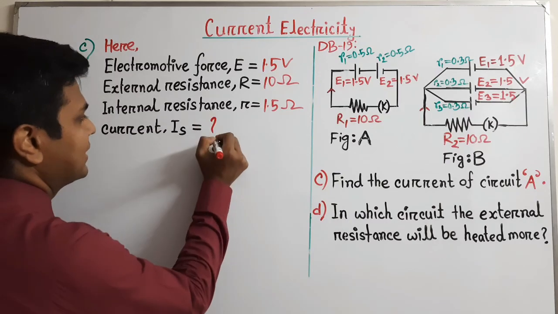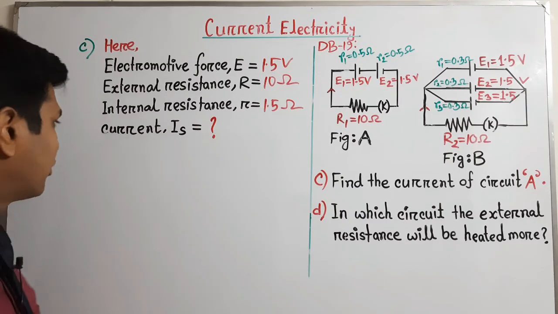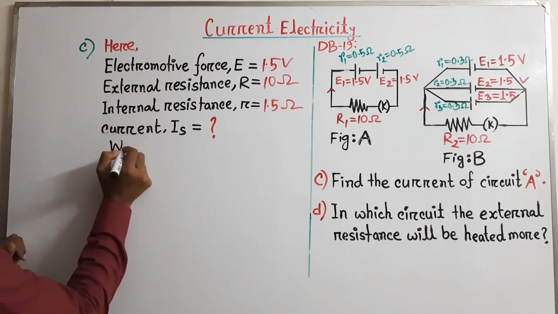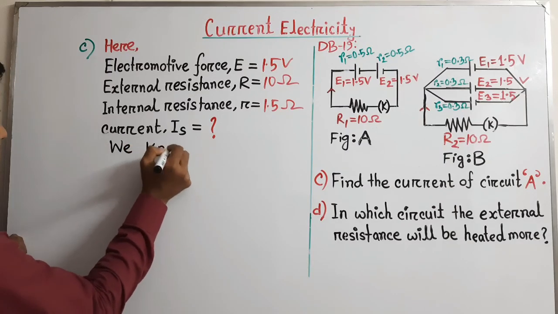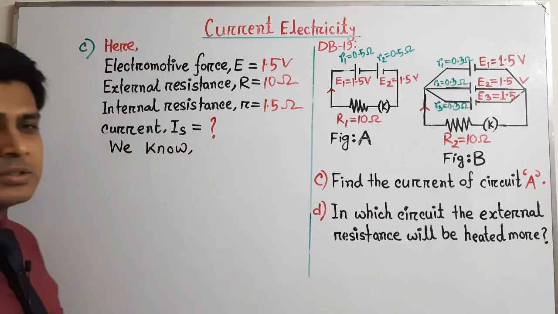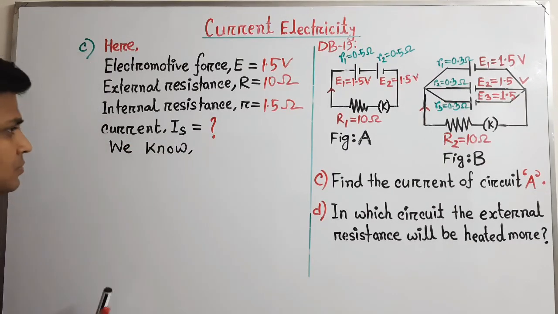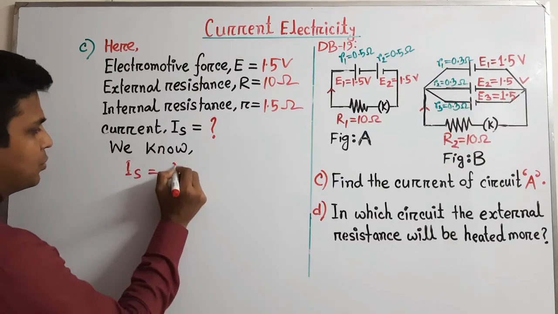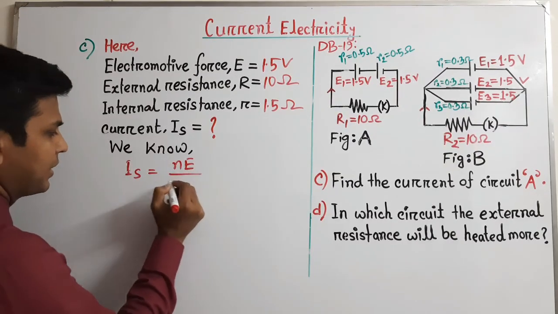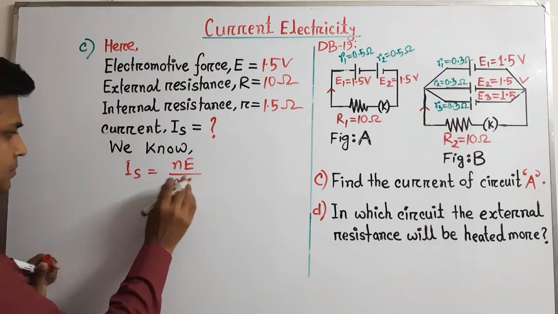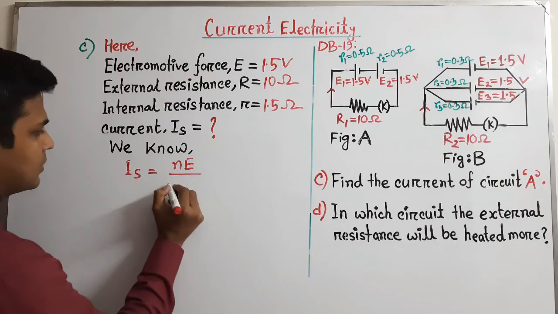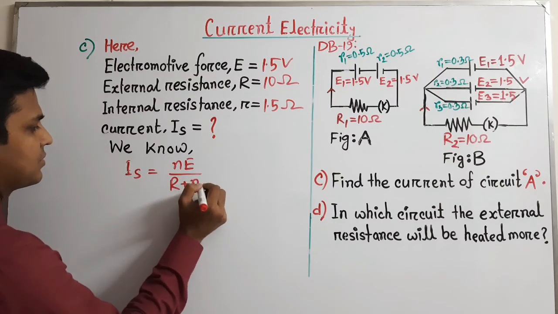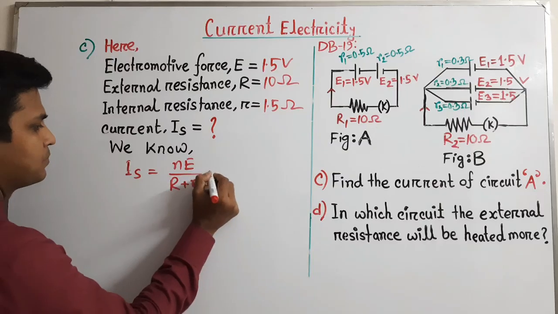We can write Is equals to what? We know the formula to calculate the current of a series combination is Is equals to nE divided by R plus nr.